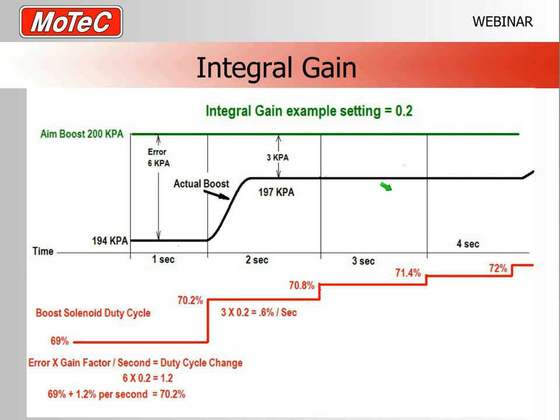And then next time we go to ask for a different level of boost, the duty cycle's got to come all the way back down, and that can cause a delay. So that's called integral wind-up, and we need to limit that from happening. And there'll be some parameters that we adjust down the line to help that.